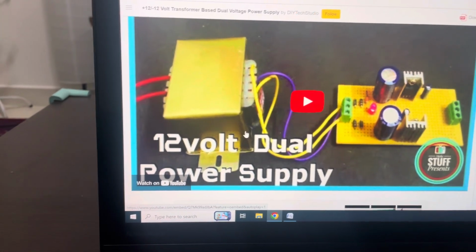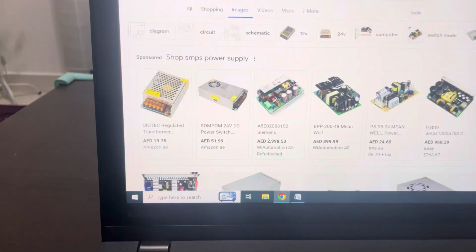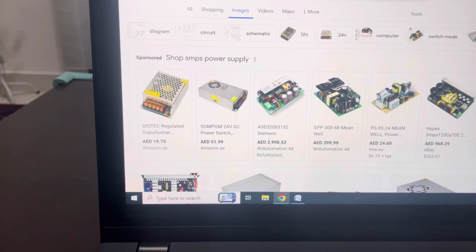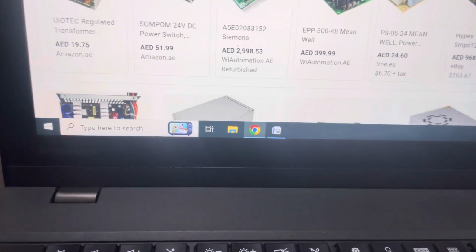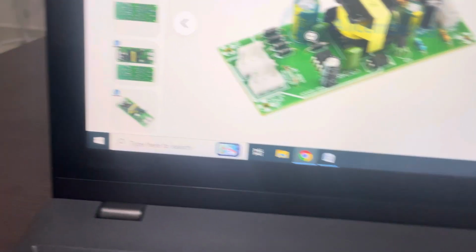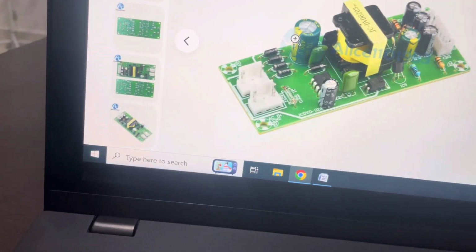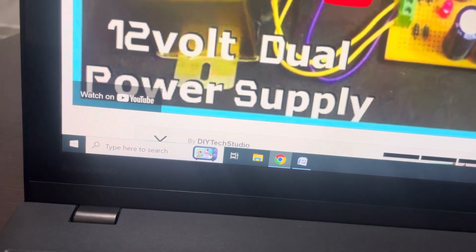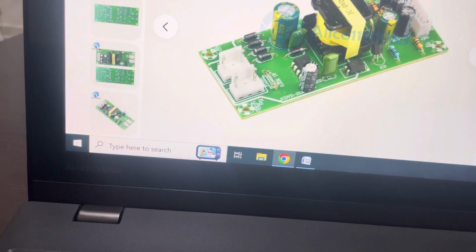So that's why we have now switched to these SMPS based power supplies. In these kinds of power supplies, you can see this circuit is much smaller than this one, but this circuit will give more power than that transformer one.